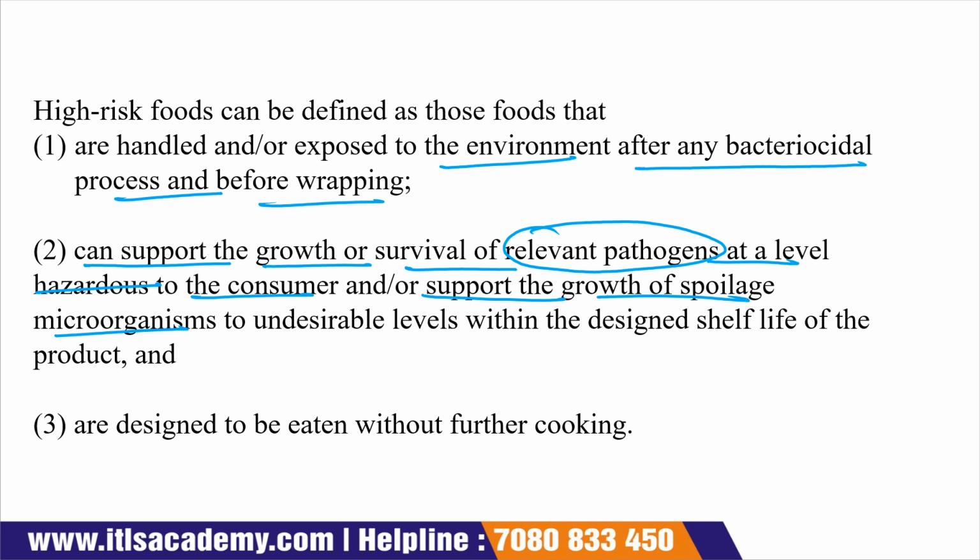High risk foods support both types of microorganism, pathogens and spoilage, and cause a hazard when a spoilage microorganism does an undesirable change within the design and the shelf life of the product decreases or affects the shelf life of the product.